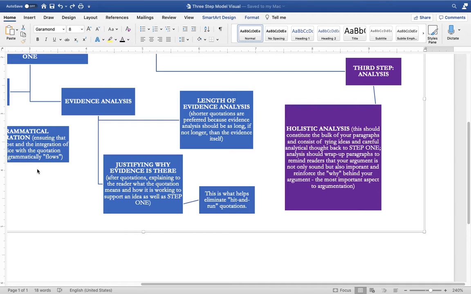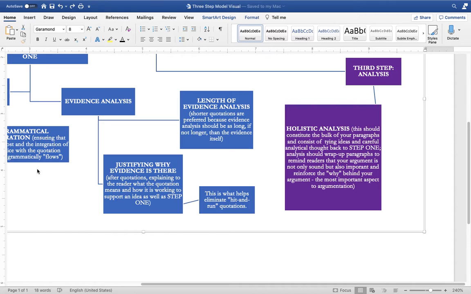It should be several sentences, and decent sentences. If you're limiting your analysis to 1 sentence, 2 sentences, 3 sentences, even 4 sentences, 4 sentences is maybe okay, but 3 sentences or less is very underdeveloped and insufficient.